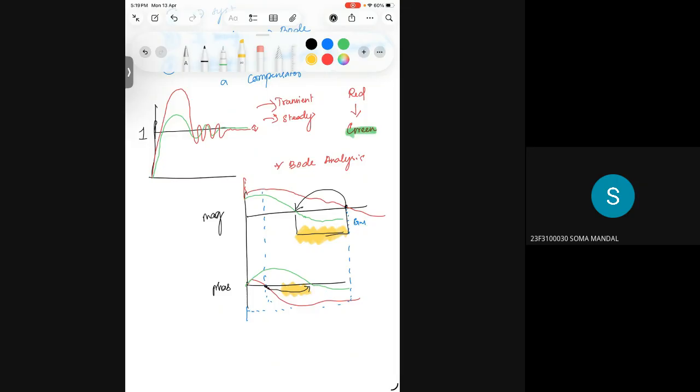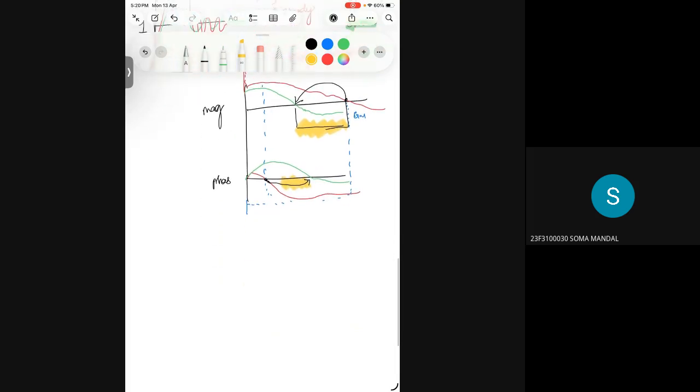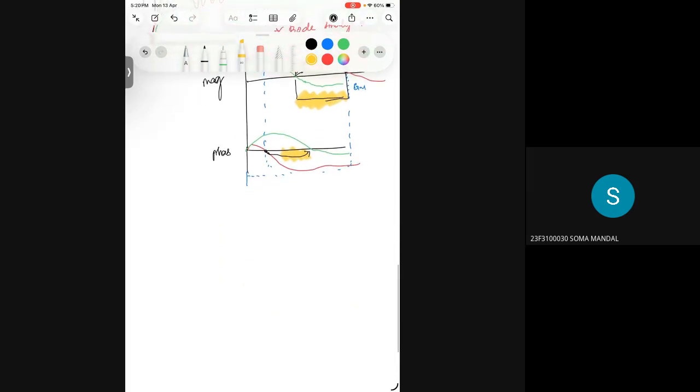Is it clear till now? Why are we doing all these things? Any doubt in this? If yes, I will proceed further.